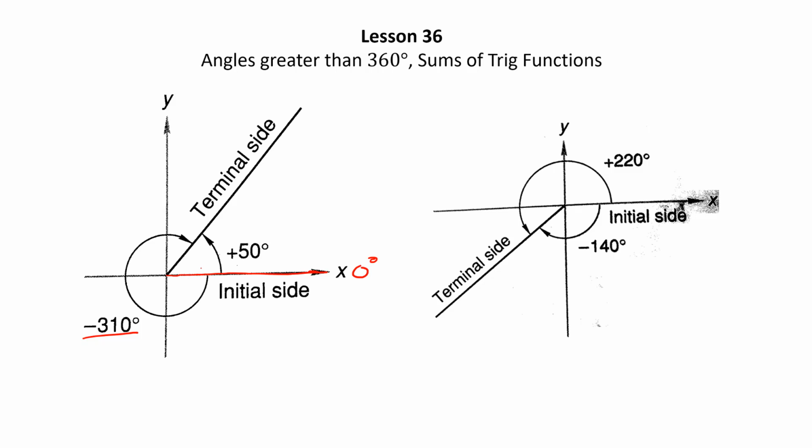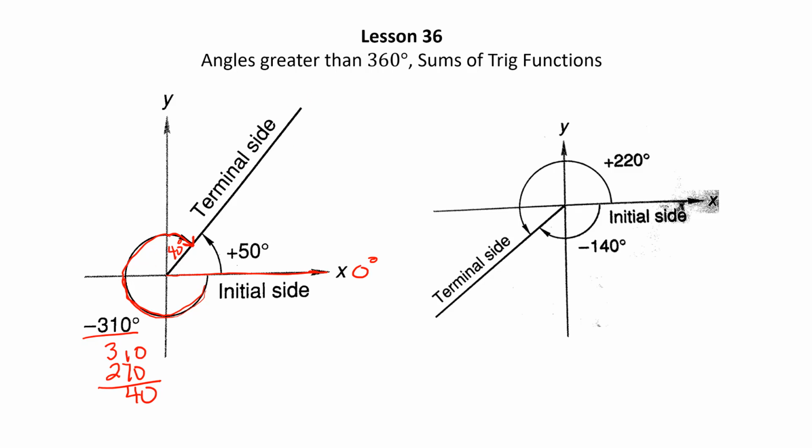It is where you start to create your angle. And then you go clockwise all the way around 90, 180, 270, and then you're going to go a little bit more to get to 310. Now 310 minus 270 is going to be 40. So you're going 40 more degrees to get to your terminal side where you're ending up.